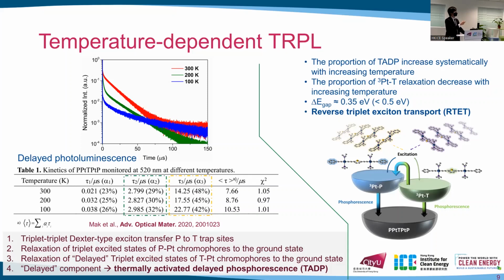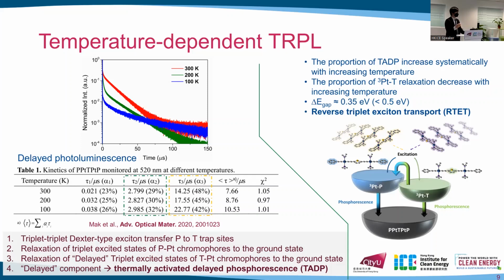We found this event when we looked at the proportions of the decay components. There is an increasing trend in the first component and a decreasing trend in the second component as the temperature decreases. This means that at high temperature, there is a large population of the triplet state in the PDT, while at low temperature, there is a large population of the PDP excited state.